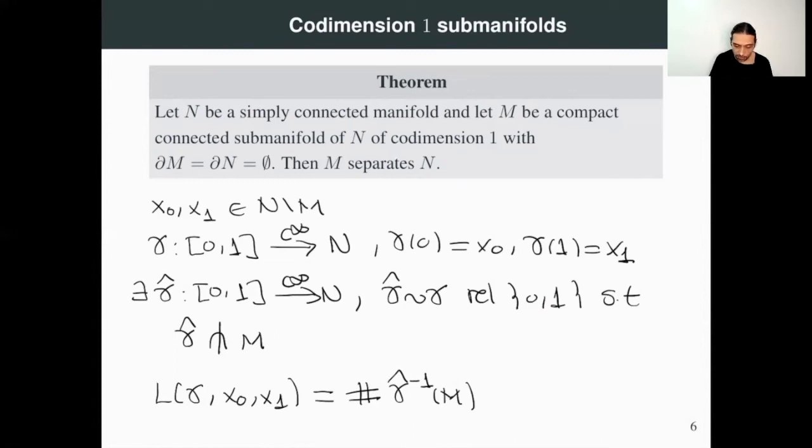So this number is well defined, and we are going to define this number modulo 2. So it's going to be an element of the group of integers modulo 2. What we are interested in is whether or not this number is even, okay? Very good. So we are in this situation. This is going to be very useful to prove that M separates N.